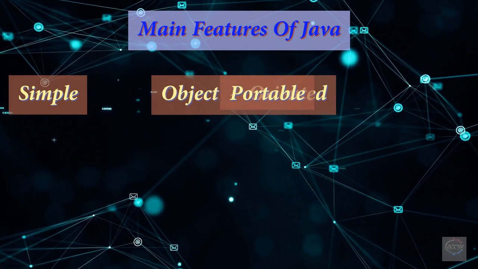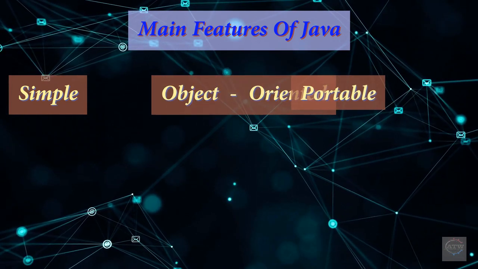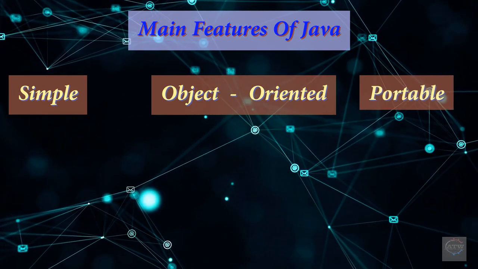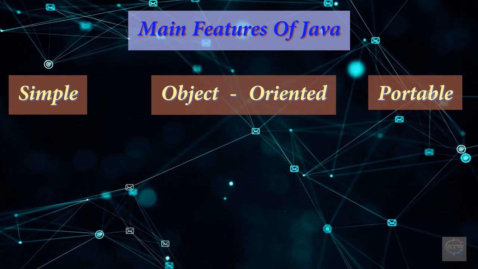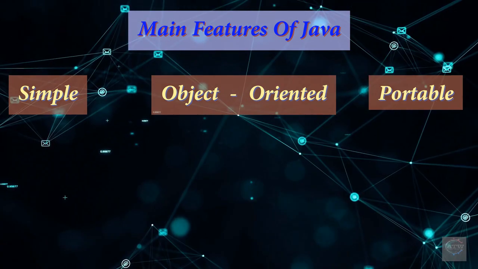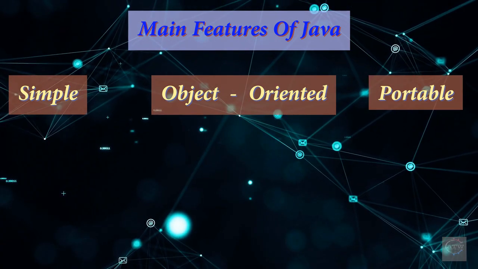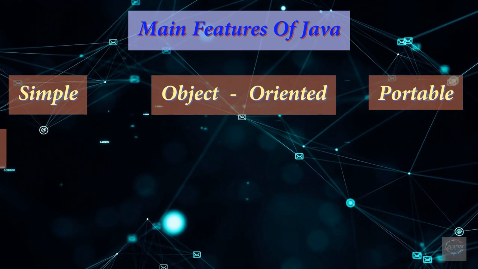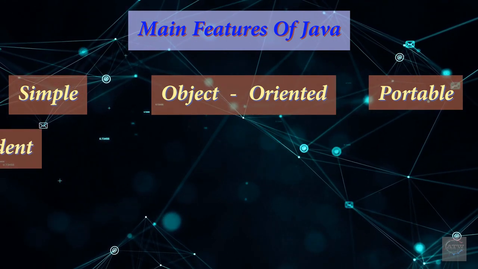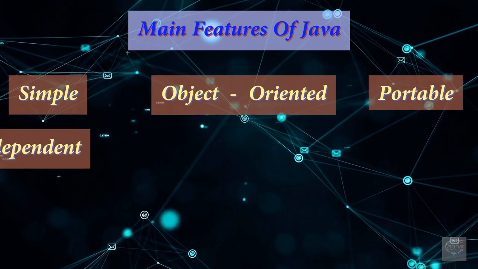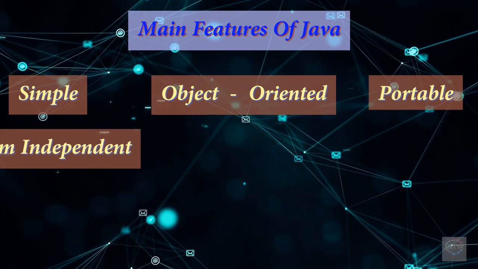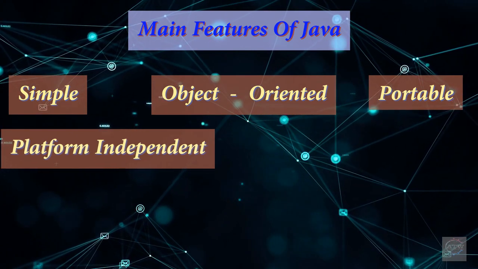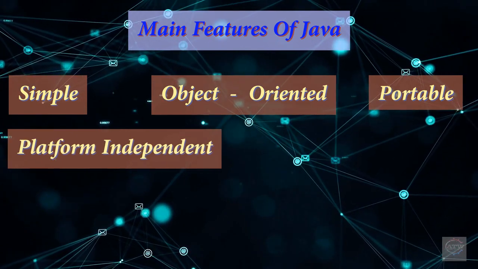That's why it's called simple. Second, Java is an object-oriented language, which means everything in Java is defined in terms of classes and objects, and everything is called using an object. It's not action oriented, it is object oriented. We'll see about classes and objects in an upcoming chapter.